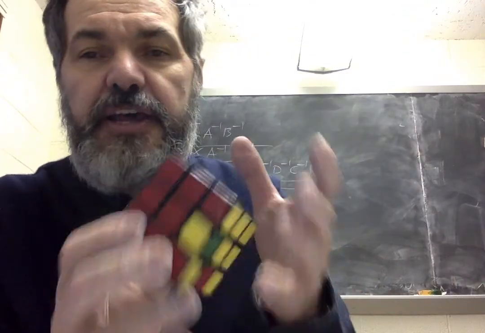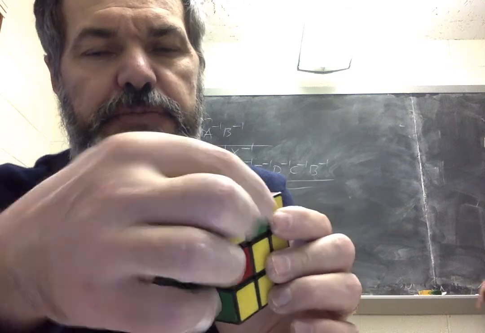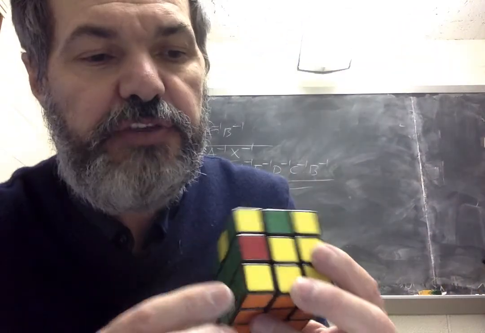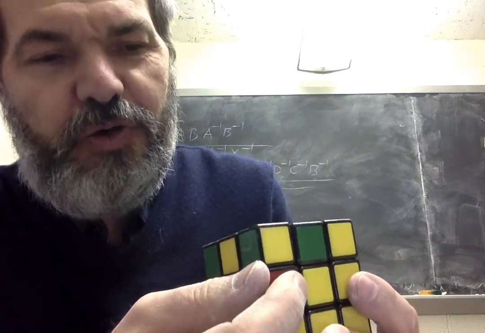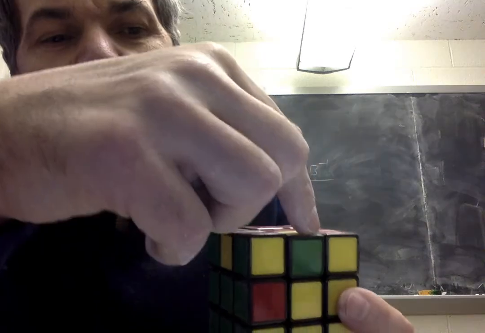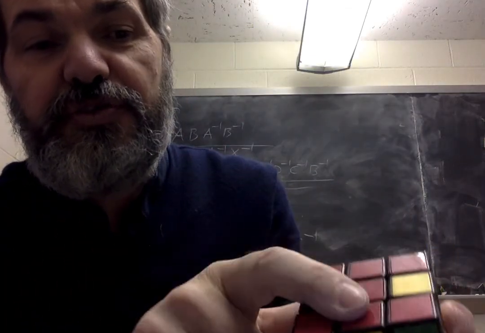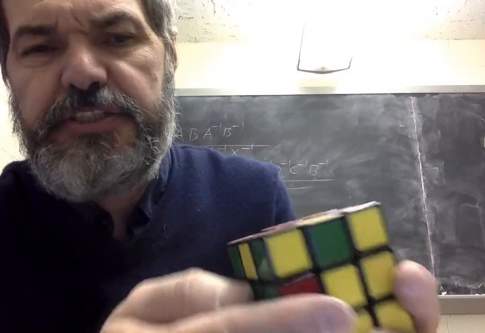So what happens when I do this operation? These three small cubes move around. I obtain a cyclic permutation, order 3 if you want. So the green and the yellow one moves up here. The red and yellow moves here, and then the red and green moves there.